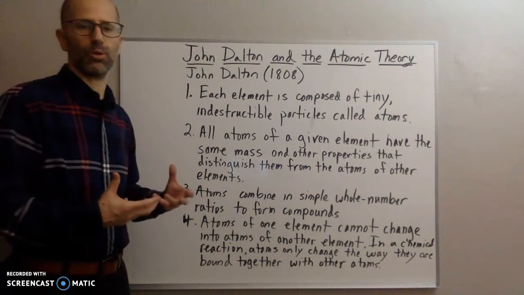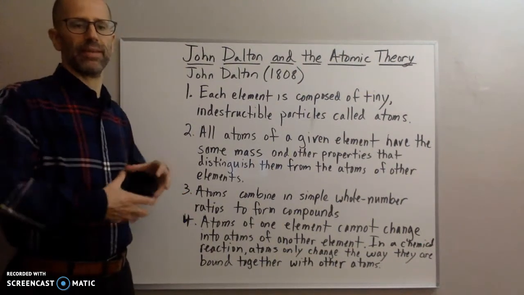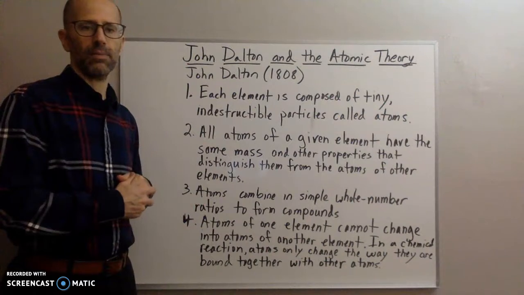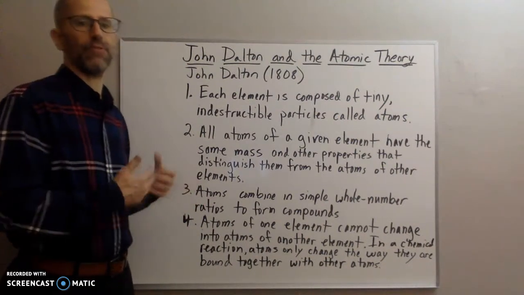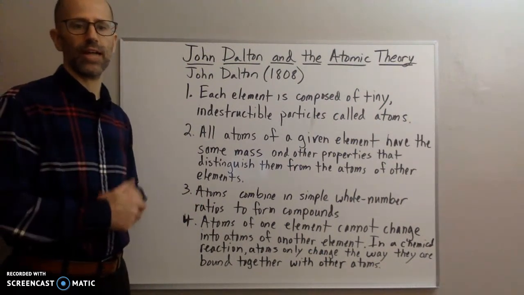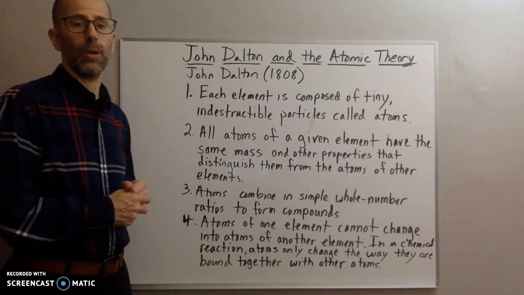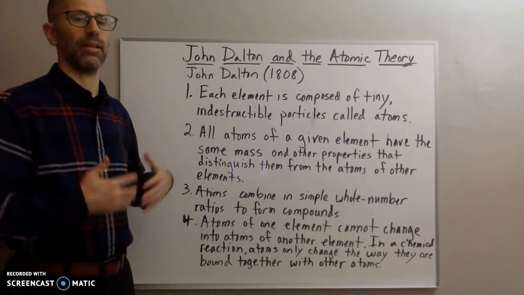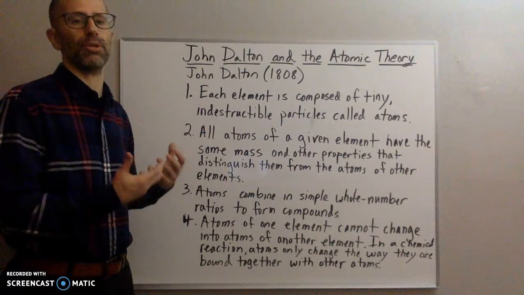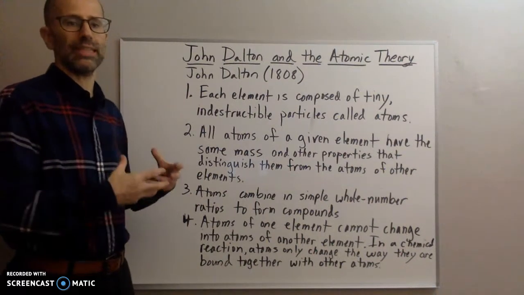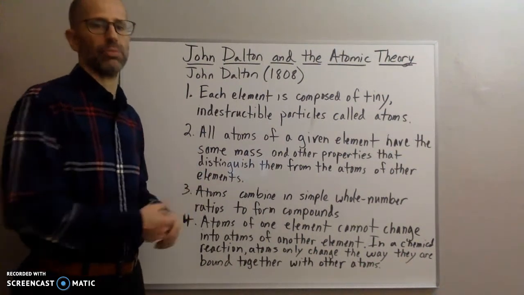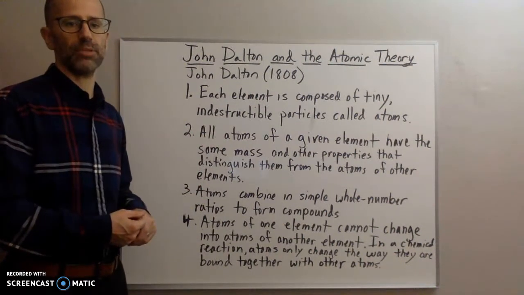If you're going to do a chemical reaction, then you would expect that you get this rearrangement of atoms rather than a destruction. And that fits with the law of conservation of mass, right? So if you're not losing any atoms and you're not creating any atoms, then the mass should stay the same because the number of atoms is going to stay the same. The only difference is going to be how they are bound to each other, the rearrangement of the atoms.